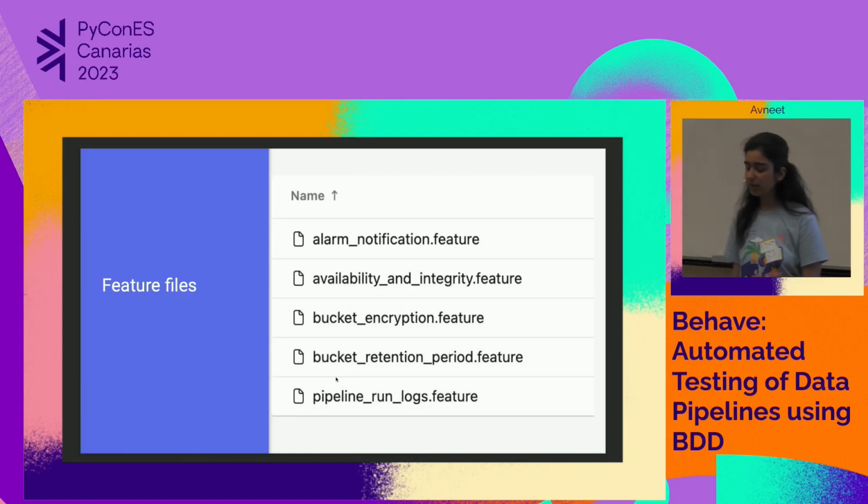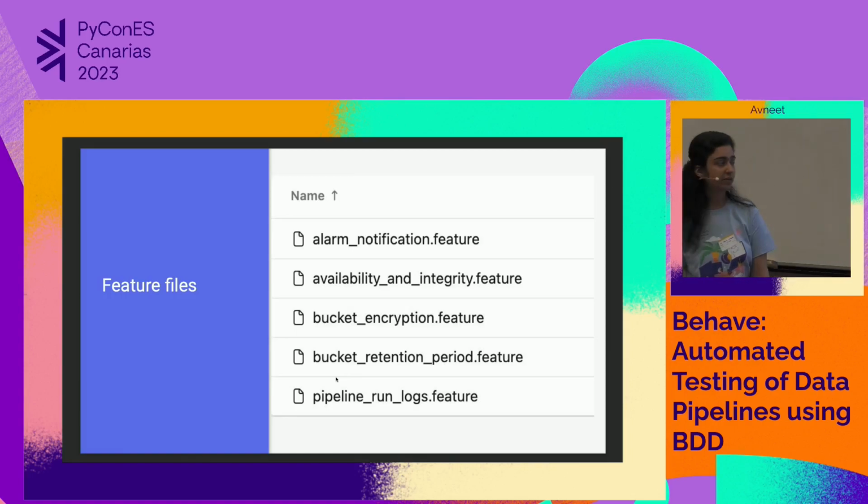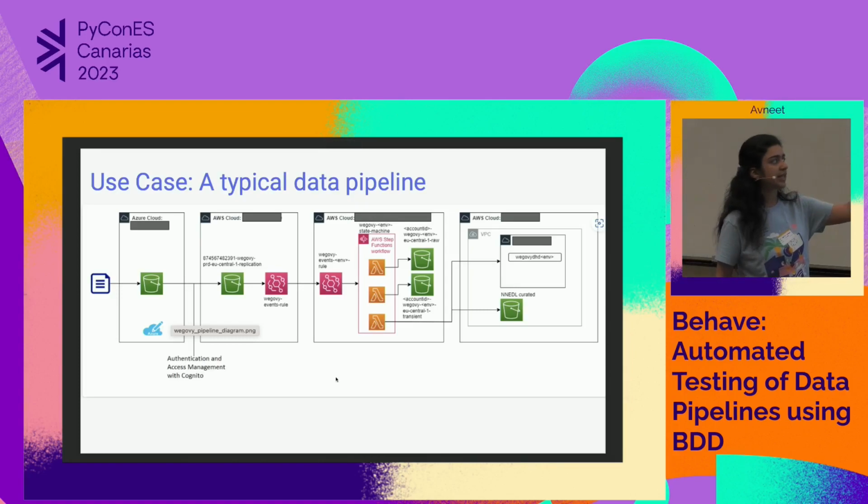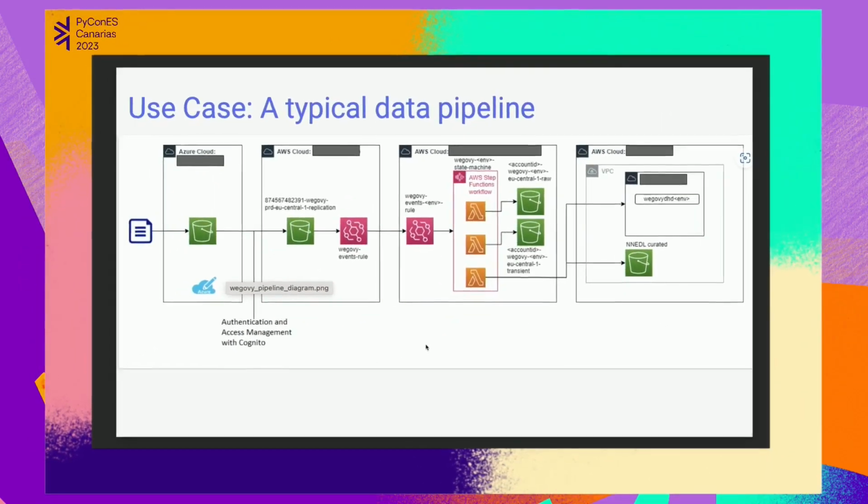For example, in an alarm notification, if any of these Lambda functions or the event rule or anything fails, we would like a notification to be sent to the people who are monitoring. In our case, it goes to the digital health mailbox, a specific mailbox dedicated to monitoring all of the alarms and notifications, so we can address it and do something about it.